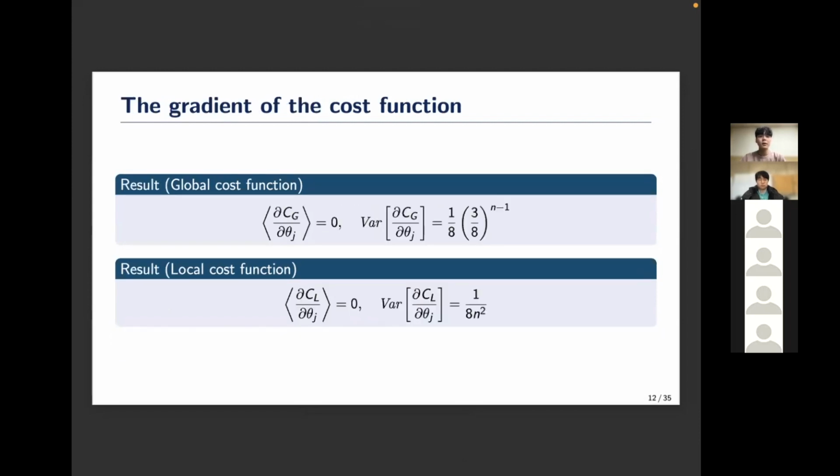We can see that the expectation value of the gradient of both the global and local cost functions is 0, and the variance of the gradient of the global cost function decays exponentially in the number of qubits, but the local cost function decays polynomially in the number of qubits. We can say that barren plateaus can be avoided in the local cost function.